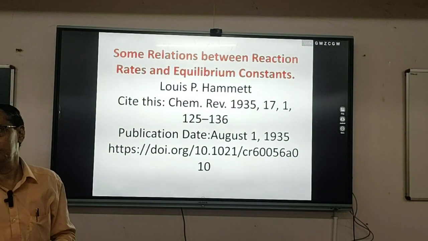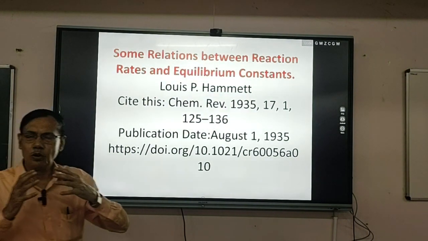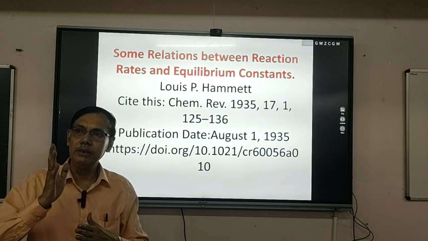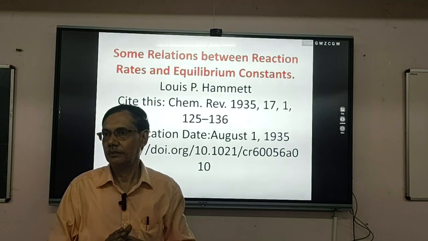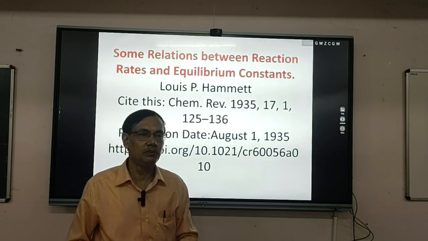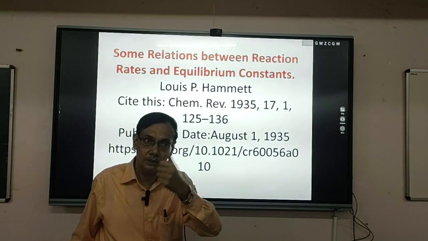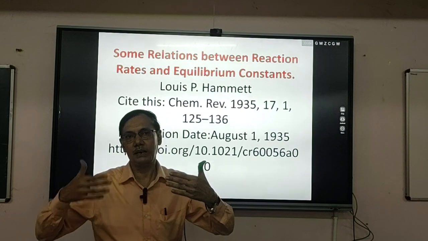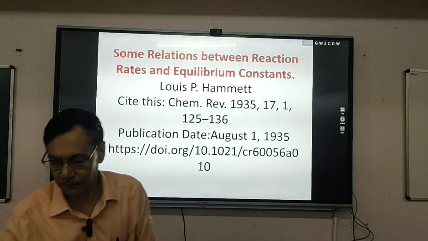And you are all good students, you know that whenever I am talking about the reaction rate, it is related to chemical kinetics. But whenever I talk about the equilibrium constant, definitely it is related to thermodynamics. So there must be some relationship between kinetics as well as the thermodynamics.